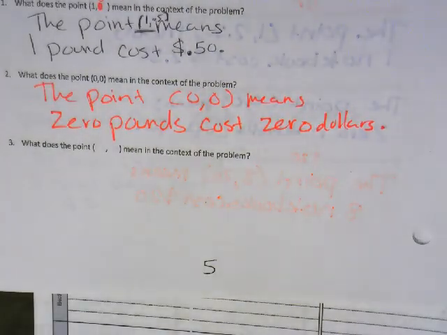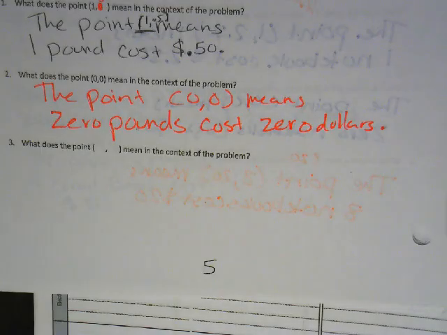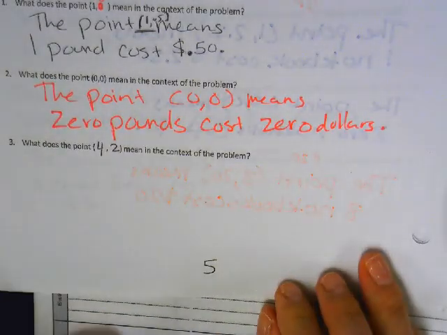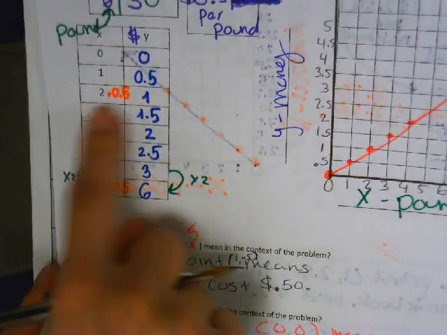What does the point blank, blank mean? All right, who wants to pick a point? All right, Carmen, pick a point. 4, 2. A point requires 2 numbers. So 4, 2 would be a point on my graph, a point on my table. Basically, you can pick any of these combos.